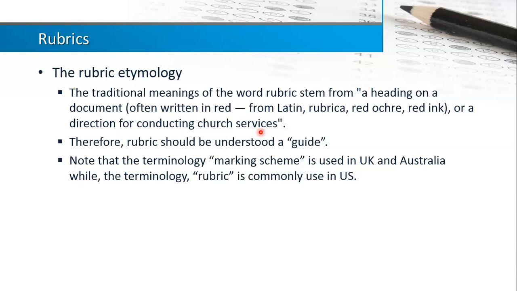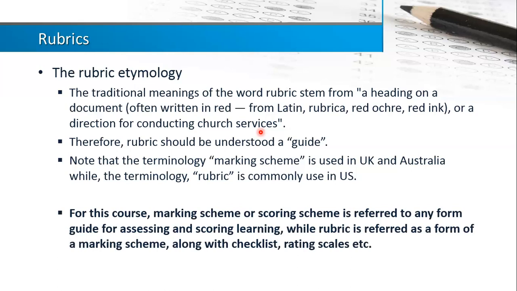But for this course, I want to clarify that whatever people use in the UK, US or Australia, for me, and for most of those doing assessment, marking scheme or scoring scheme refers to any form of guide for assessing and scoring learning. Okay, so that is marking scheme.